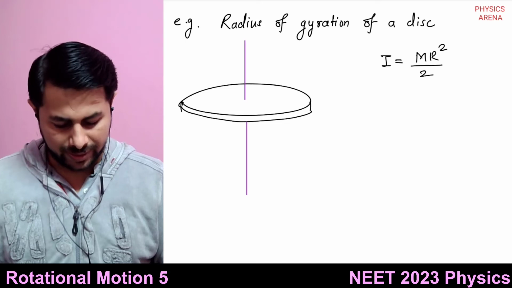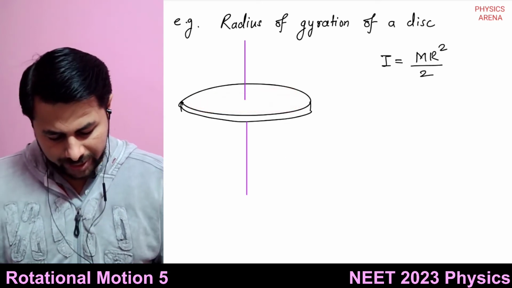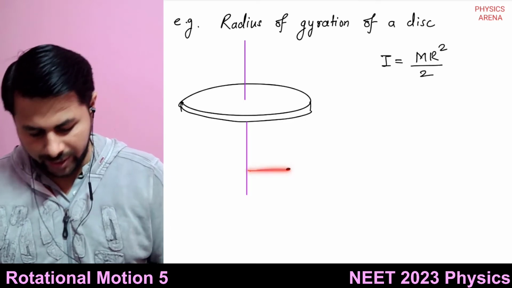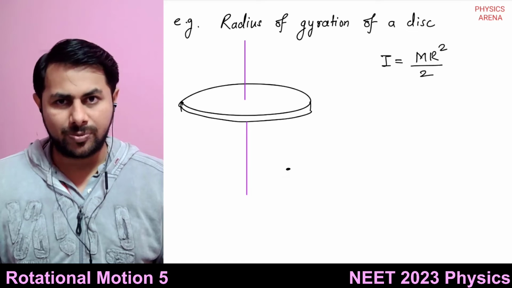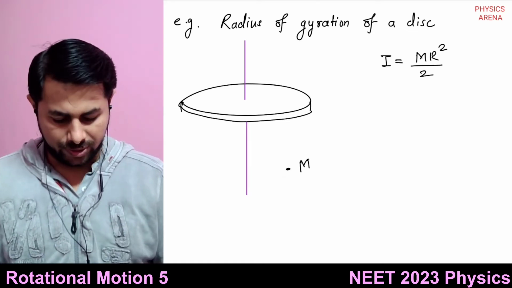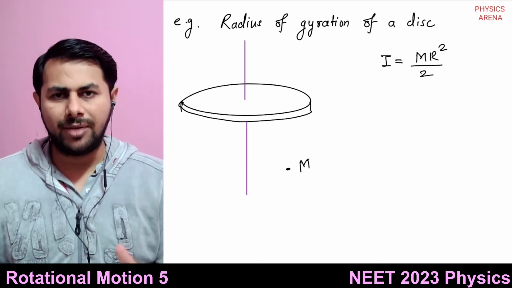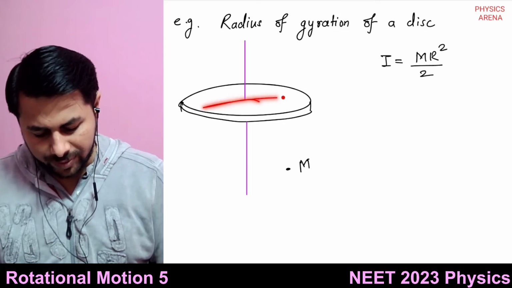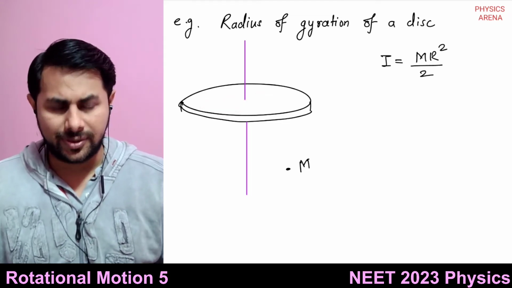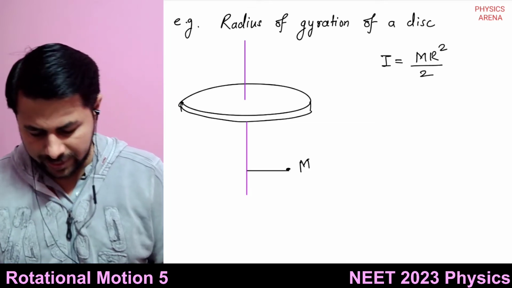Okay, so let's suppose we replace this disk by this point mass. At what distance should we keep this point mass? What is the speciality of this point mass? It has got mass equal to this disk. So at what distance should I keep this mass such that it will have same moment of inertia as that of this disk? That distance is known as the radius of gyration of the disk. Suppose I have to keep it at this distance.